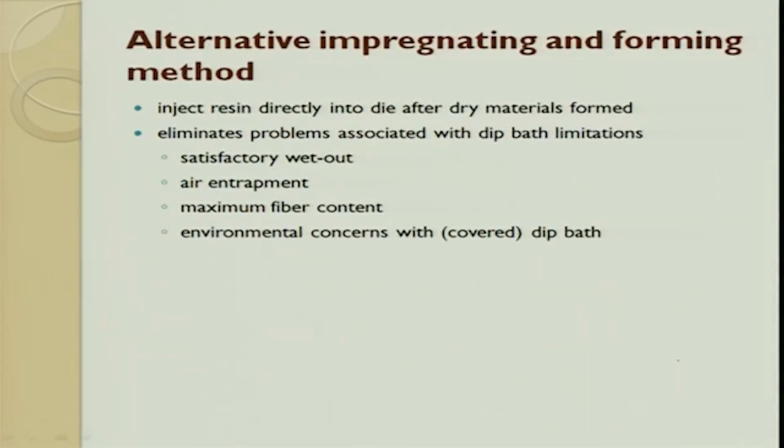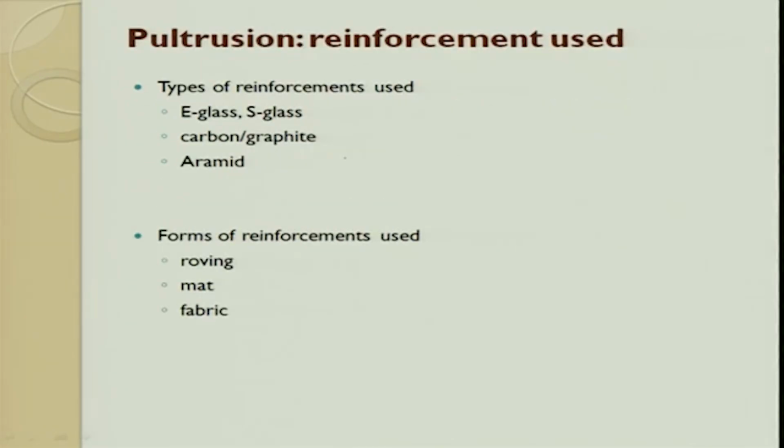An alternative method for impregnating and forming is to inject resin directly into the die after the dry material is formed. It eliminates problems associated with the dip bath, the limitations on satisfactory wet out; air entrapment is less, maximum fiber content can be achieved, and the environmental concern can also be taken care of.